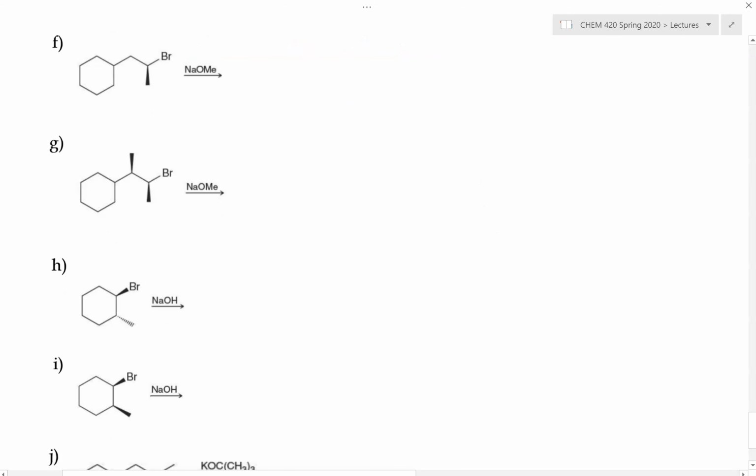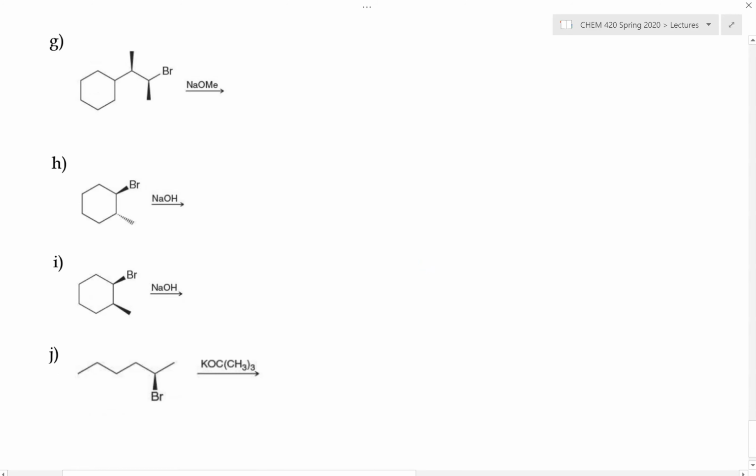And now let's try a few more. Let's try H. So here in this case right here, what kind of reaction mechanism will be the predominant? Here we have sodium hydroxide, which is both a strong nucleophile and also a strong base.